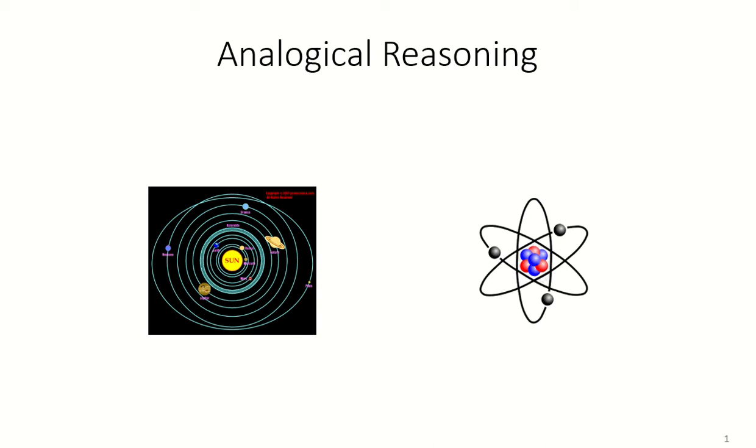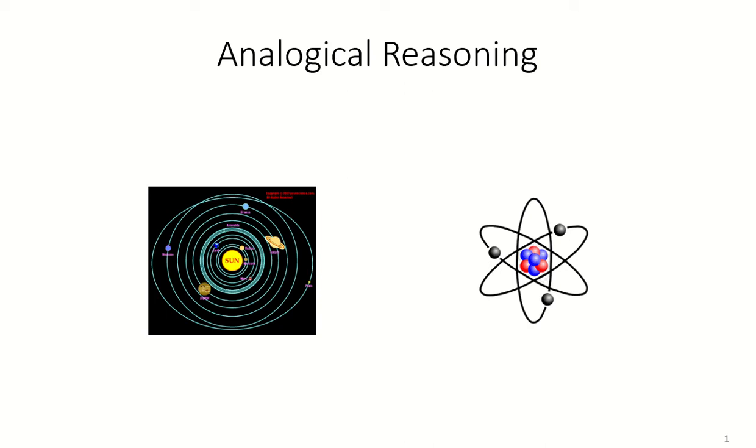One example of where analogical reasoning really made a tremendous difference was in understanding the structure of atoms. People for a long time had been trying to understand how electrons and neutrons orbited around in atoms and how exactly that worked and how they were structured.